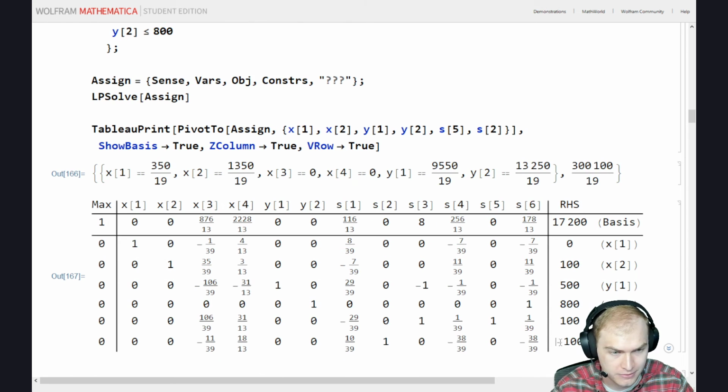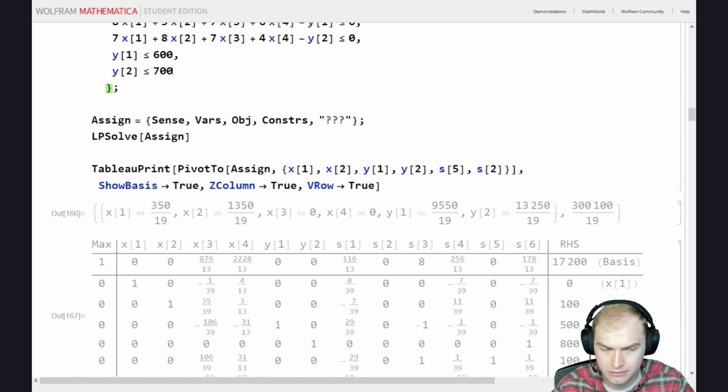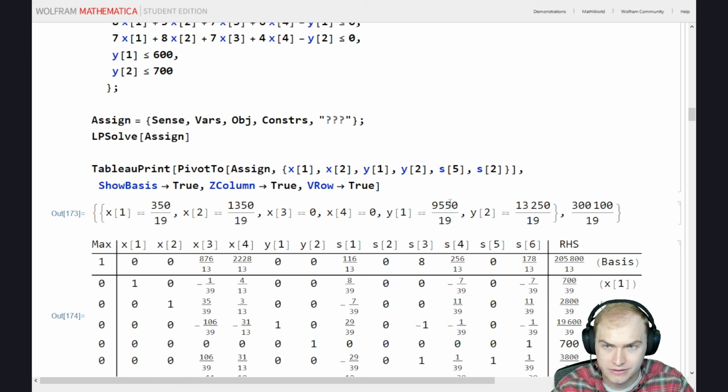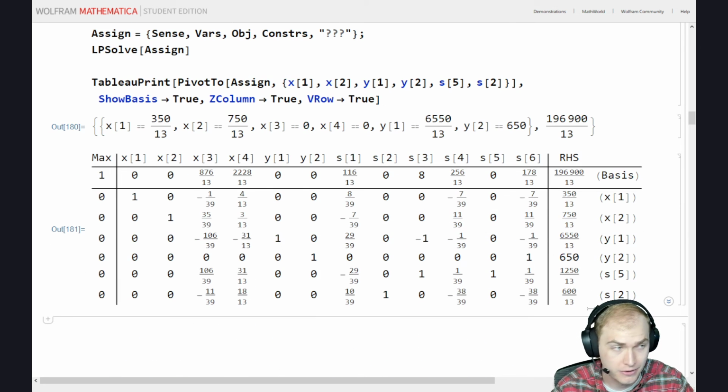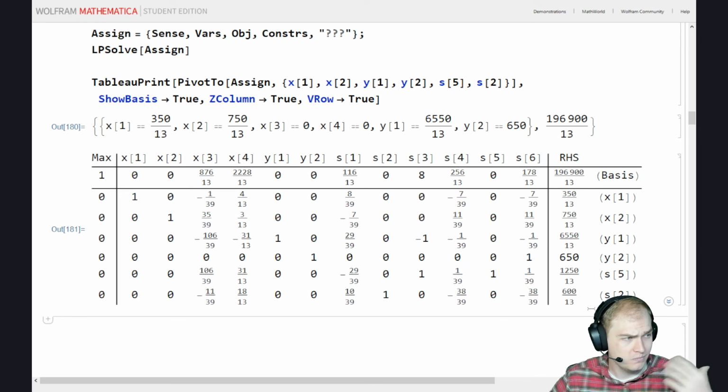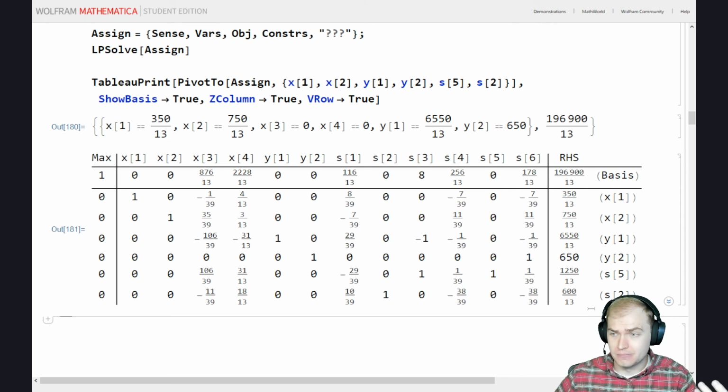Nope, this is infeasible. Actually, 700 was infeasible too. So that's the next thing we need to understand: how much can we actually change these constraints by before we become infeasible, or before we have a different basis that's optimal.